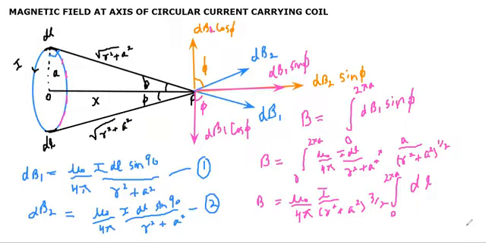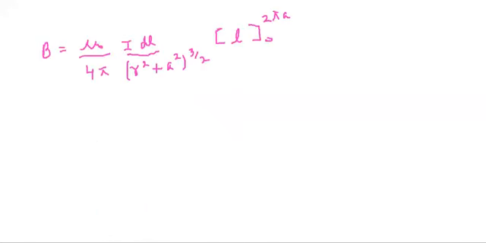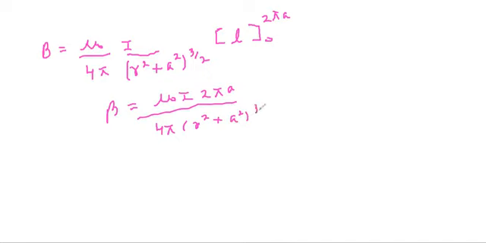So if I put the value, it would be mu naught by 4 pi, I, a, over (r square plus a square) to the power 3 by 2. Integration of dl becomes L, with limits 0 to 2 pi a. Now you can put the value of upper limit minus lower limit. That would be 2 pi a minus 0, that is again 2 pi a. So B is equal to mu naught I a into 2 pi a over 4 pi (r square plus a square) to the power 3 by 2.